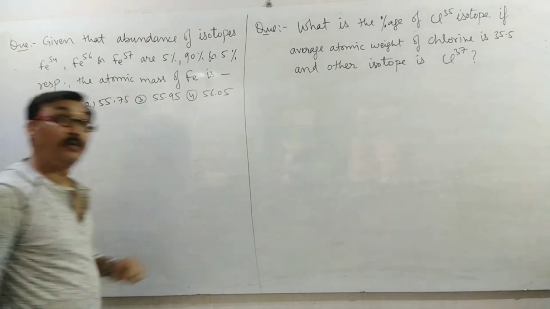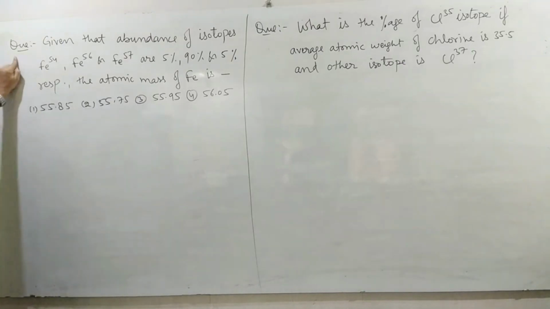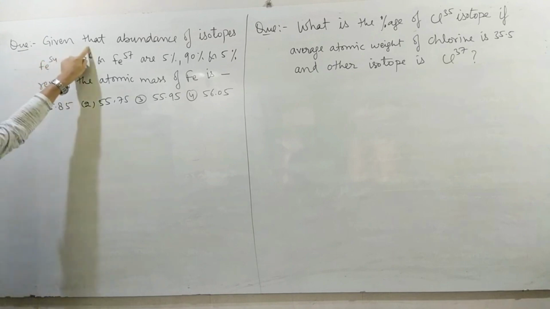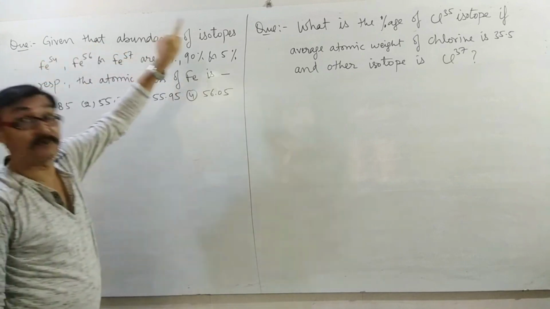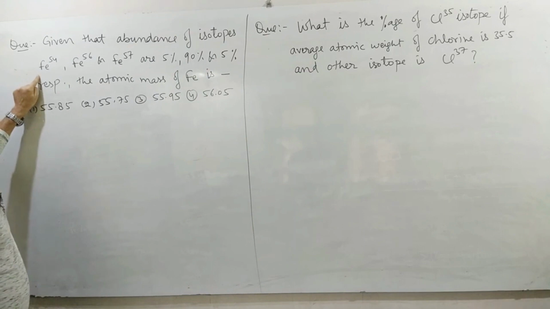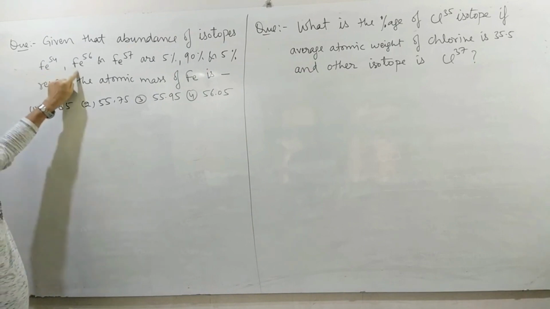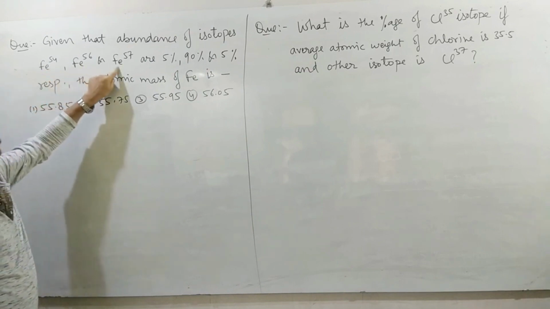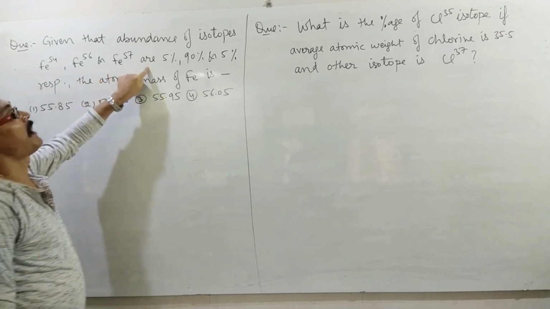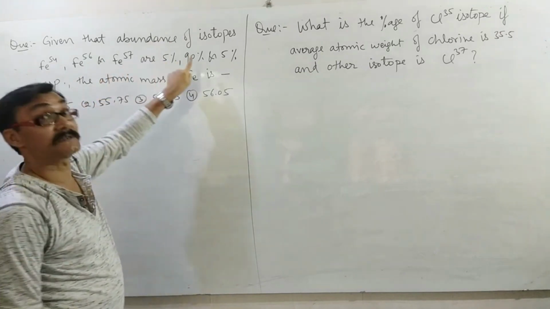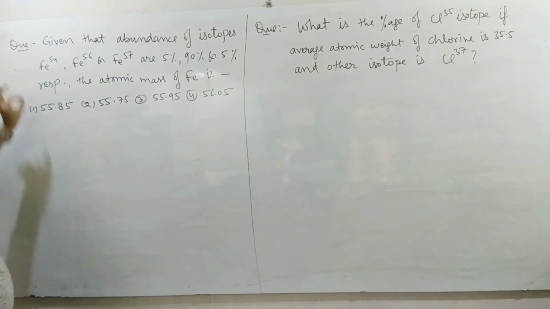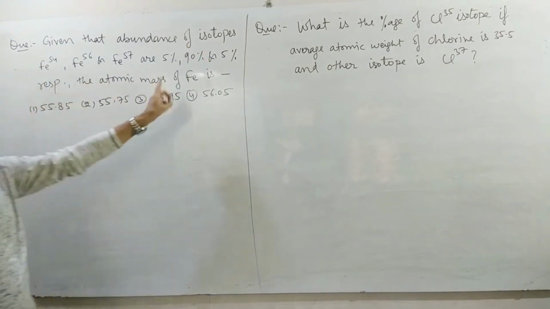Now we have a question. Given that the abundances of the isotopes Fe54, Fe56 and Fe57 are 5%, 90% and 5% respectively, the atomic mass of iron is.